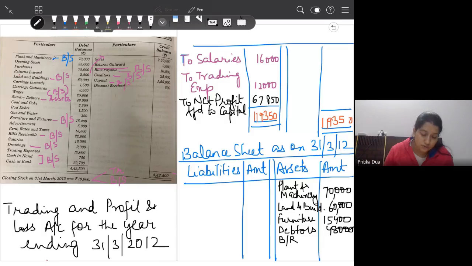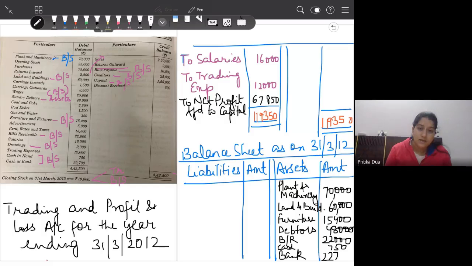Please don't use short forms when you are attempting the question. Write down the complete term. And then cash in hand is 750. Your bank balance is 22,700. Okay.